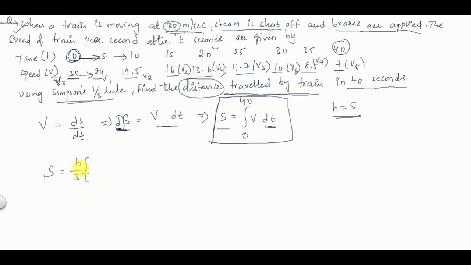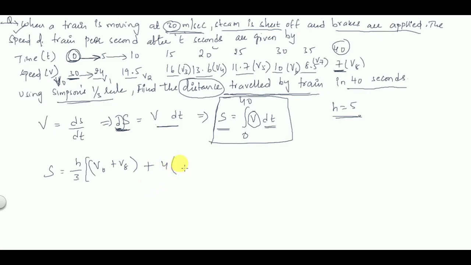Okay, so h by 3 into v0 plus v8. This first value and the last value, because inside the integral the function is only v, so we'll take the values v0 plus v8 directly, plus 4 into the odd values.